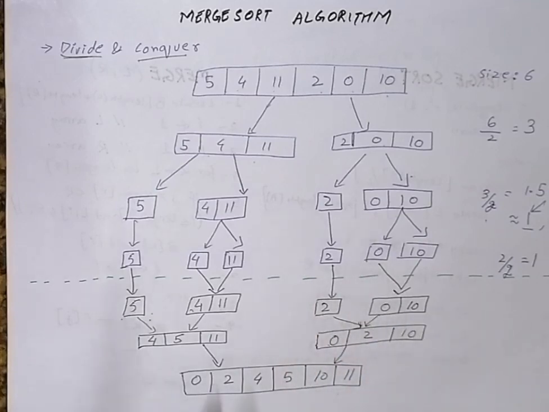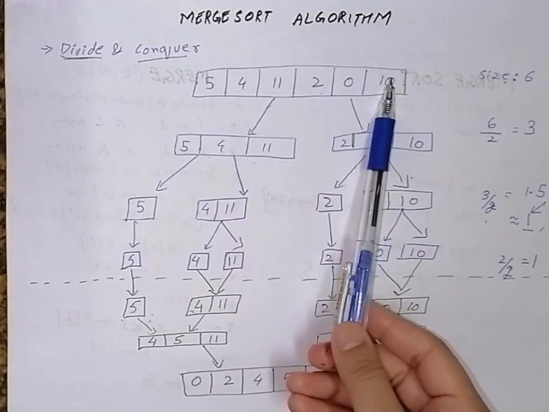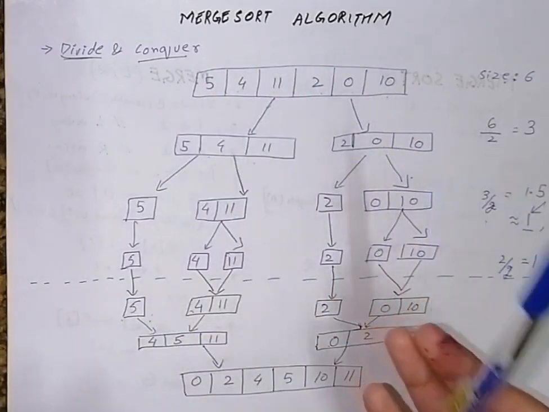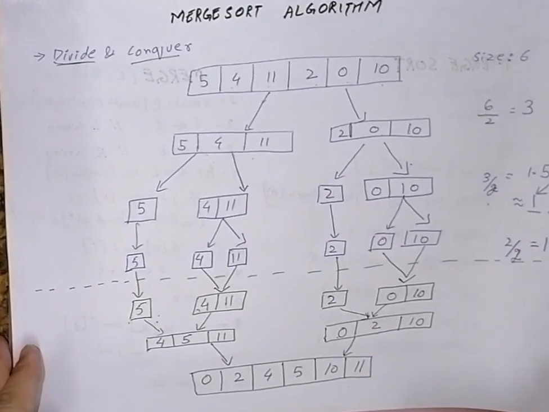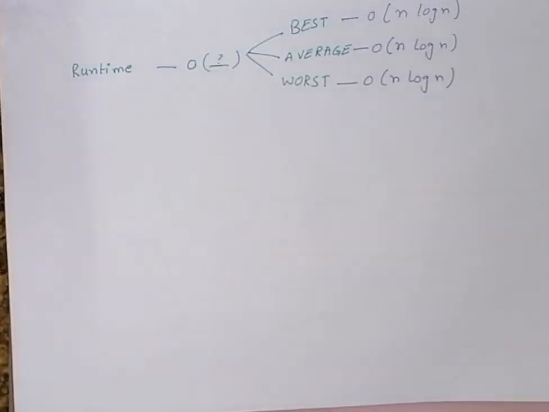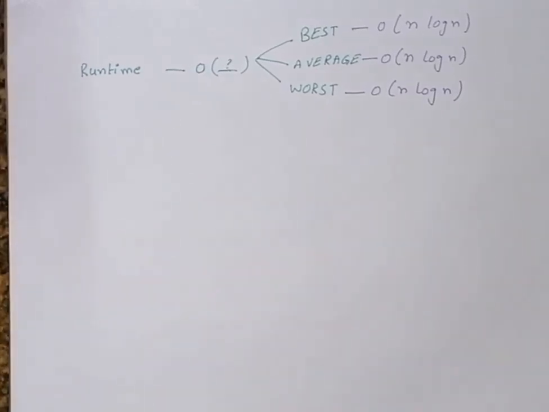So the good thing about the merge sort algorithm is that it does not depend on the data. Whichever type of data you give to merge sort, you always land with big O of n log n. So your best, worst, and average case time complexity will remain the same, that is big O of n log n.